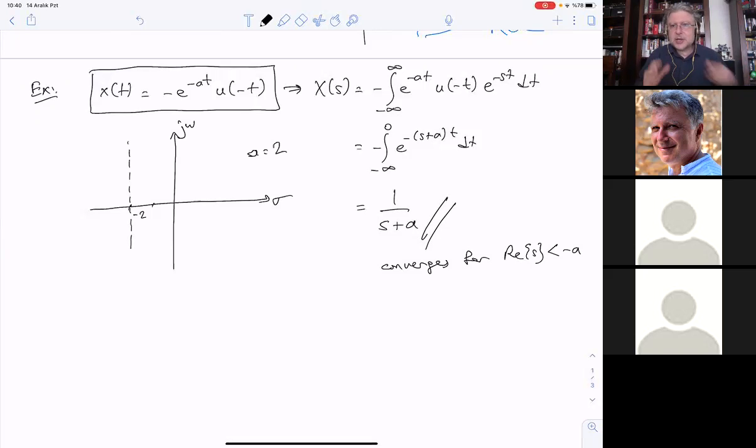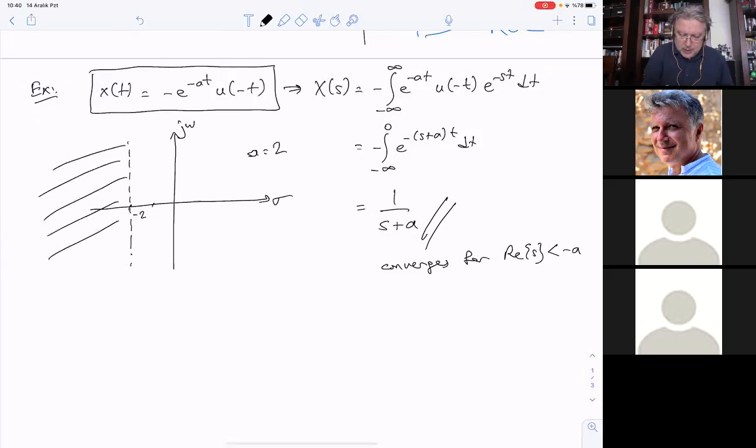We can use them interchangeably, whichever is appropriate. The real part of s less than minus a is therefore this part, which is the region of convergence. If you want to write it as a mathematical expression, you write it like this: the region of convergence is the real part of s less than minus 2.